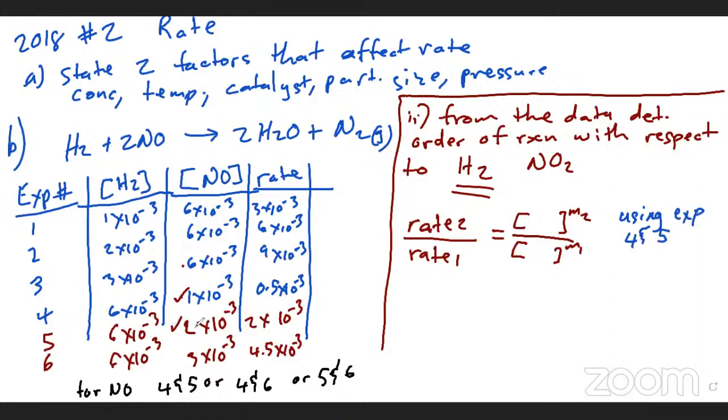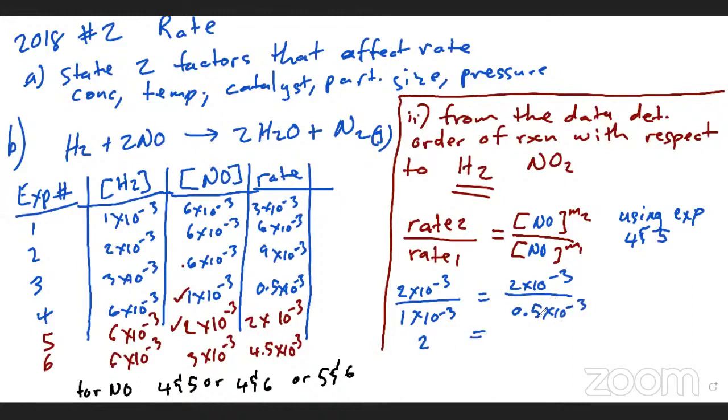So rate 2 over rate 1 is 2 times 10 to the minus 3 divided by 1 times 10 to the minus 3. That is equal to 2 times 10 to the minus 3 divided by 0.5 times 10 to the minus 3. So the left side is going to be equal to 2. This will give you 4.